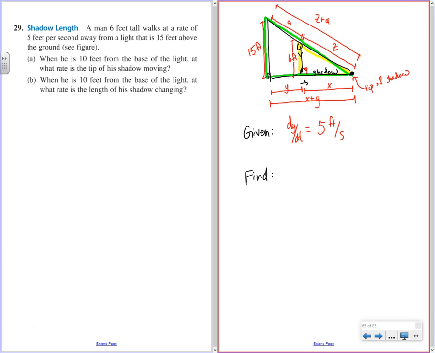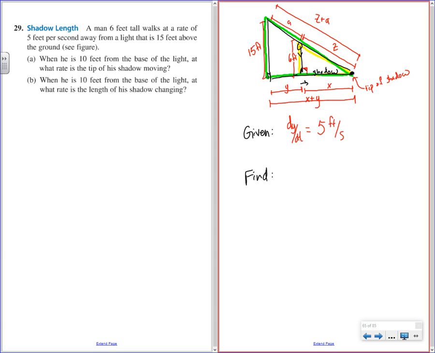The tip of the shadow, I know it's weird, but remember, this is only one instant in time. As he moves, this entire x is growing and shifting. This entire triangle ends up shifting because as he moves, his shadow grows longer, longer, longer.